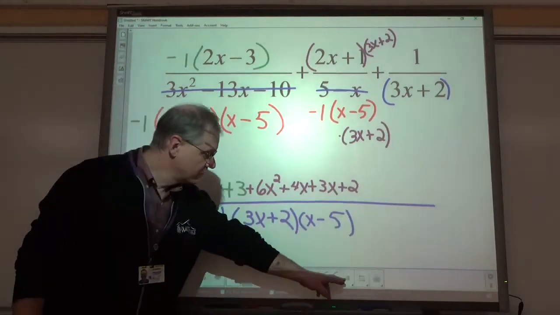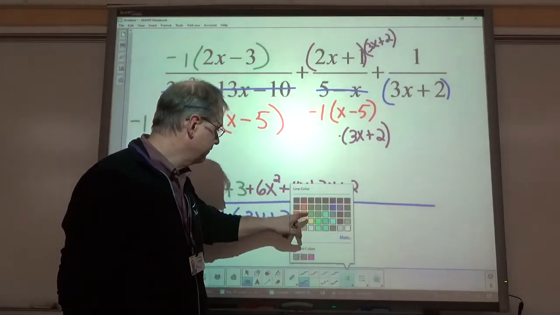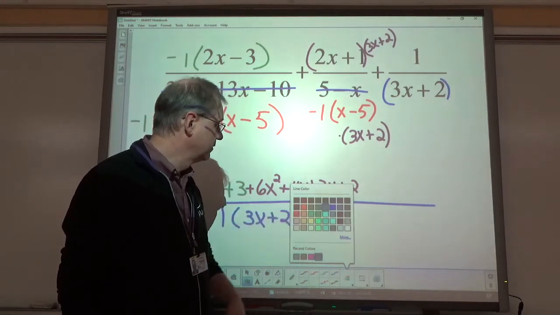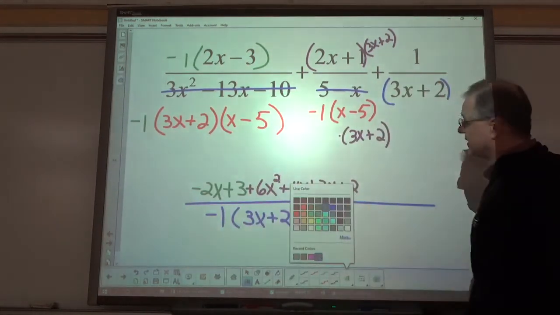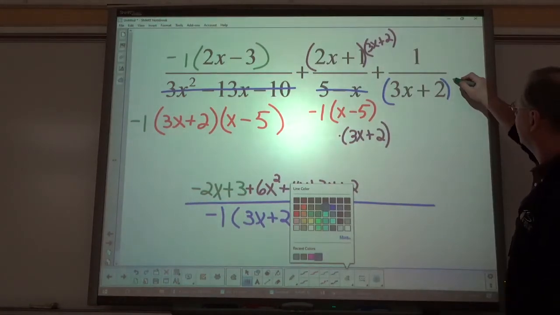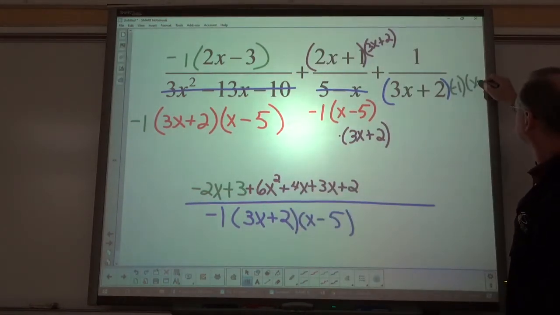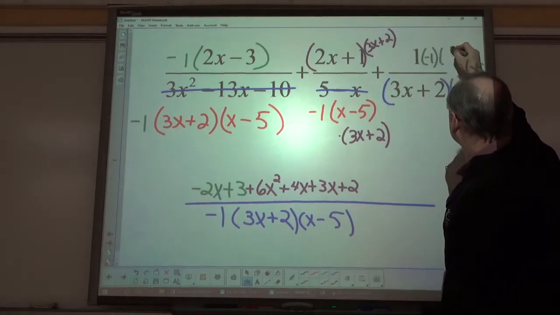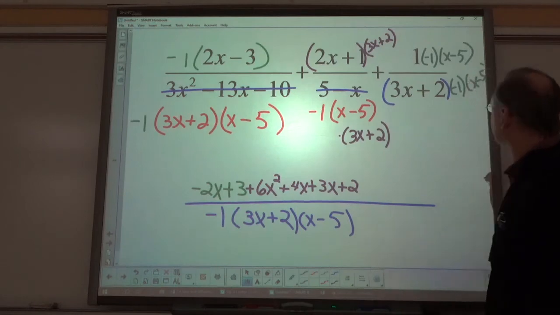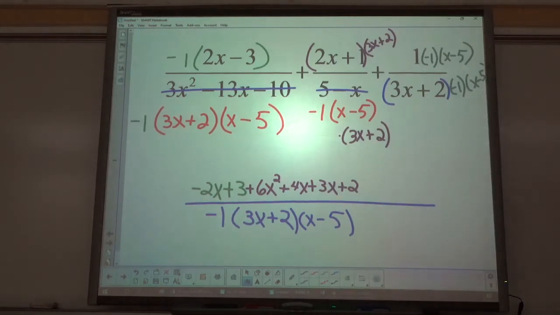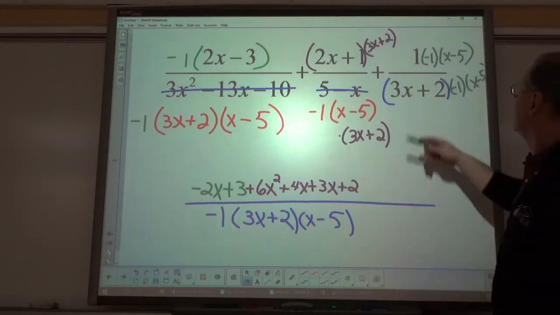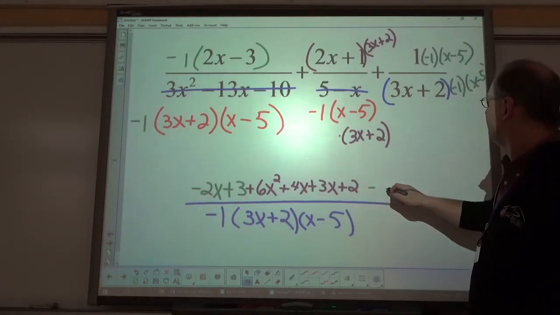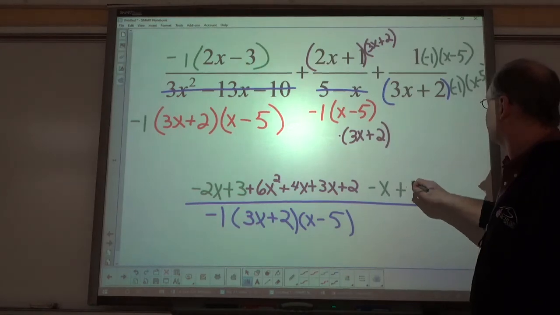And our last one, all right, quickly, there. I am missing a negative 1 and an x minus 5. So a negative 1 and an x minus 5. That's what I have to multiply top and bottom by. Now 1 times negative 1 is just negative 1, and when I distribute it in, I get negative x plus 5.